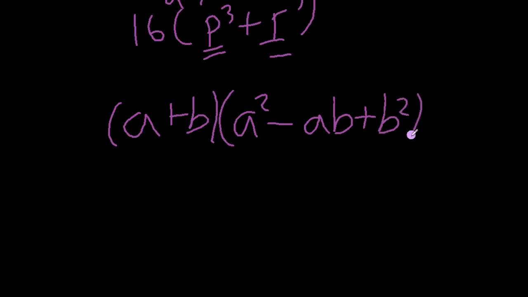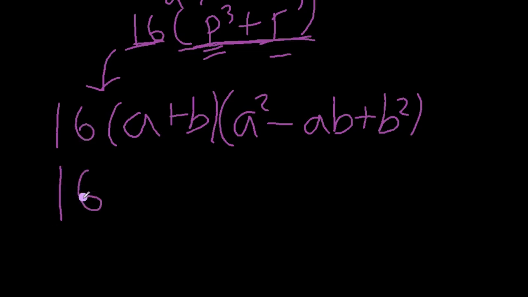Now, before we forget, this formula gives us the factored form of this binomial. But there's also a 16 that we took out. That doesn't just disappear. We have to take that into account. So I'm just going to go ahead and bring it down now. I'll just write it there. And then as I rewrite it, I'll make sure to always include it.